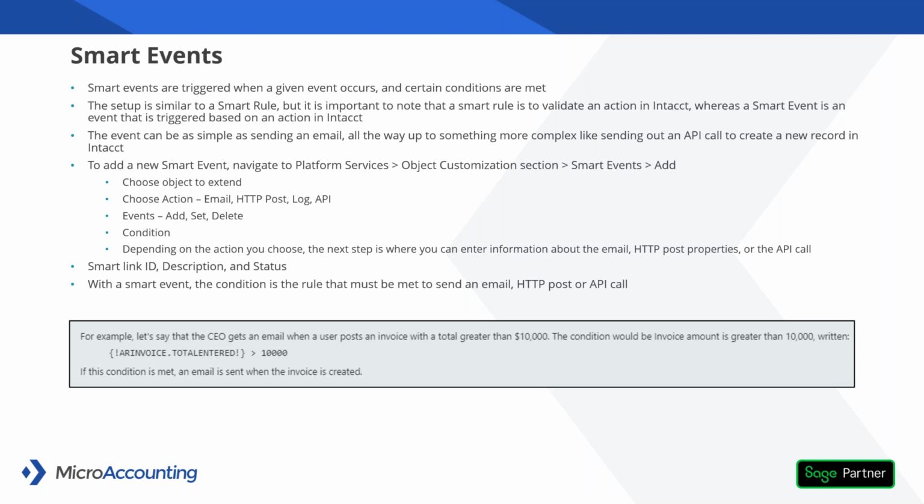So an example would be a smart event that posts bill record numbers to an external app after the bill record number is recorded. Basically you're just saying if this condition is met, I would like to send this data to this external source. And you can do that assuming the external source is equipped to handle the post.